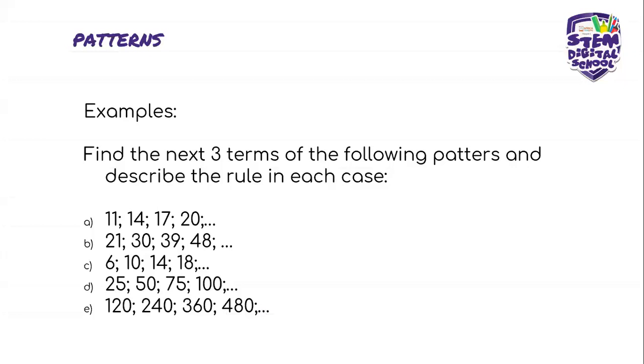And then we can use the rule to find the next terms, or rather the next 3 terms. In this case, the next 3 terms will be 480 plus 120, which is 600. Then if you add 120 there, you get 720.